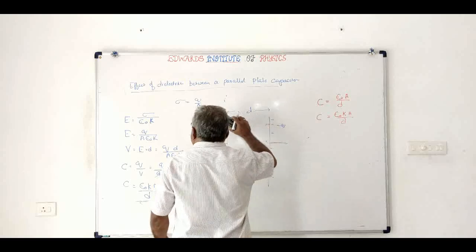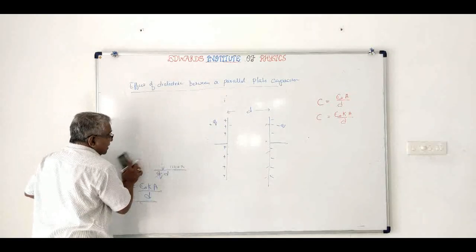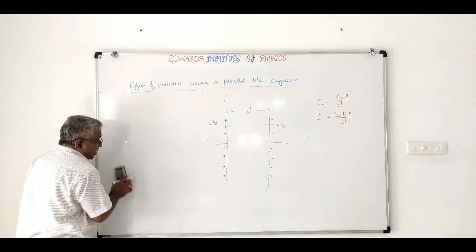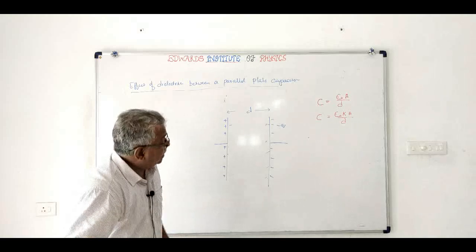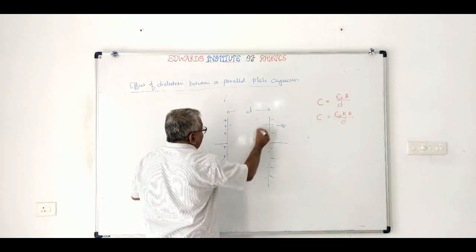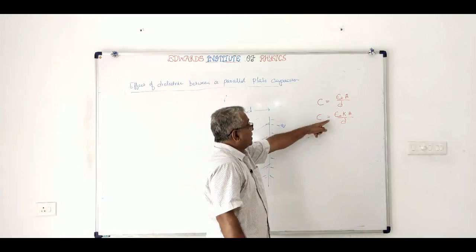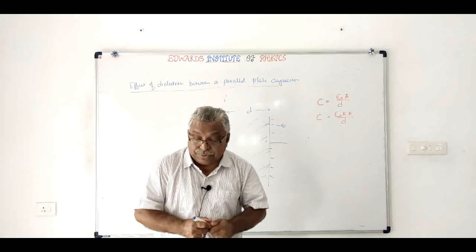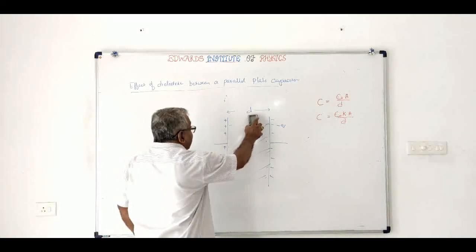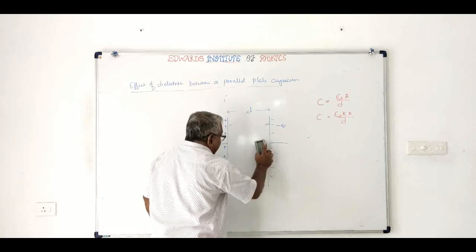Now the one important thing that is usually asked in entrance exams. Here I have added the dielectric filling the entire distance D. Now the capacitance is epsilon 0 K A by D. Now what will be the situation if I add a thin piece of dielectric in between?